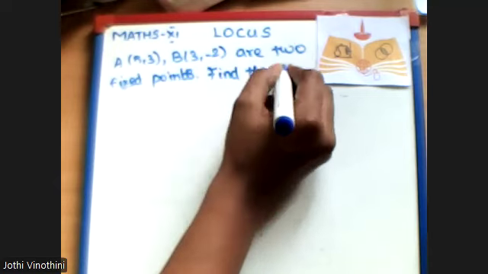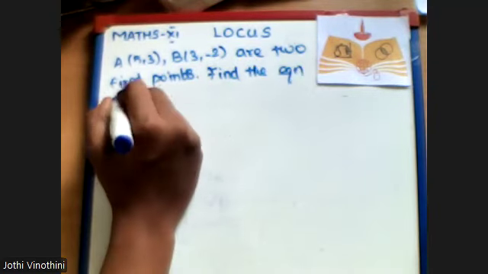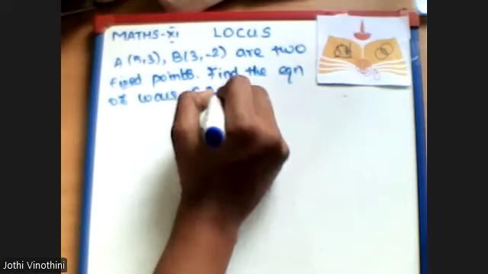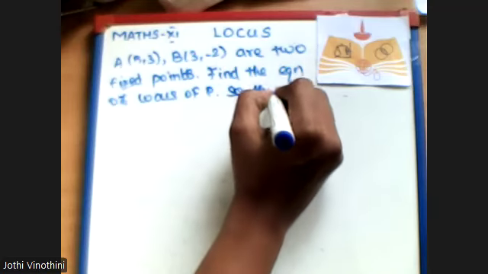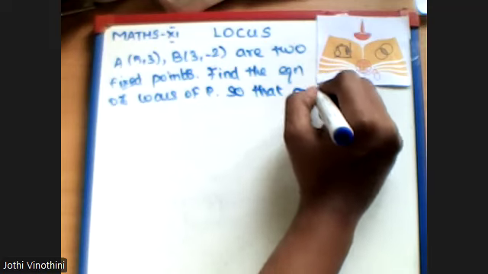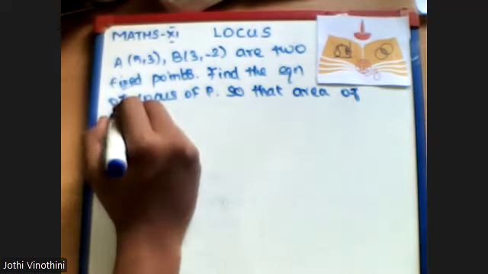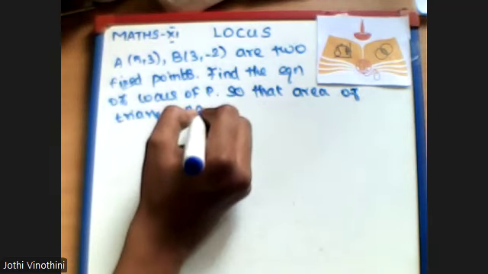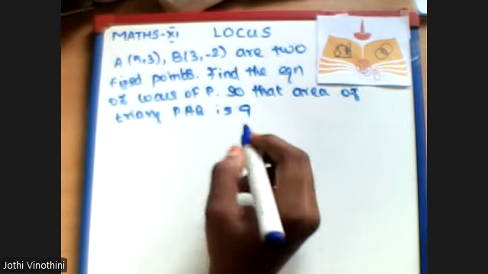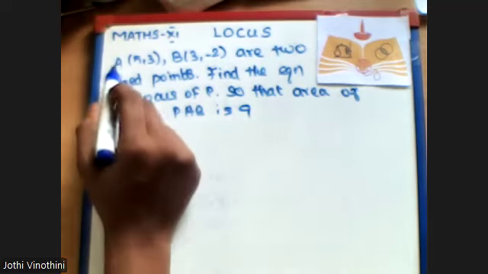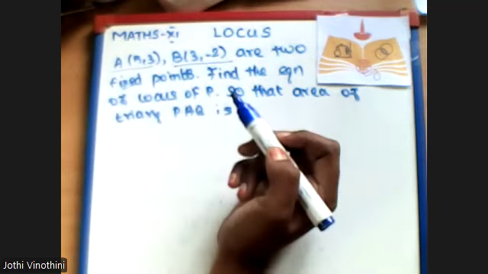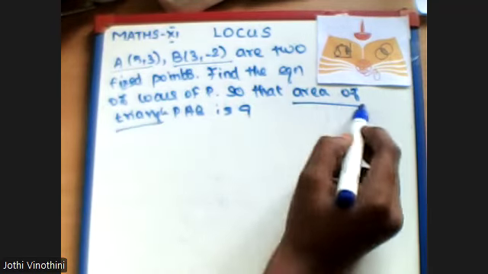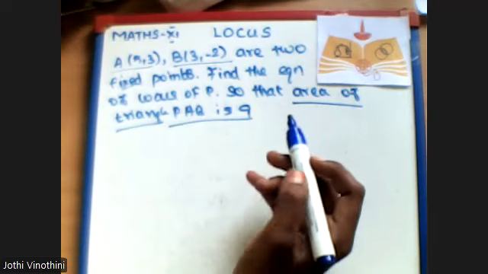Find the equation of locus of P so that the area of triangle PAB is 9. Like the previous sum, they have given us two vertices and said it's a triangle, and they have given the area of the triangle as 9.